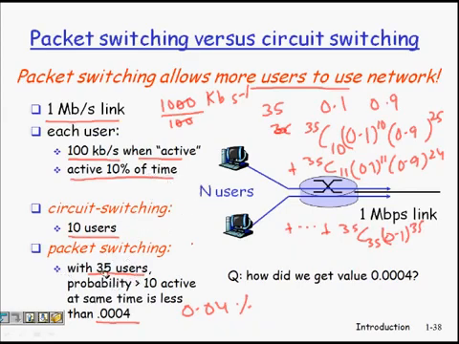And you, as an internet provider, will be happy that all 35 users are paying you money and you are giving them good enough service. If you were using a circuit switched network with 10 users, you would have got much less money and the quality of service would have been almost the same.